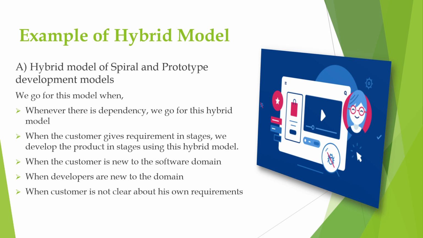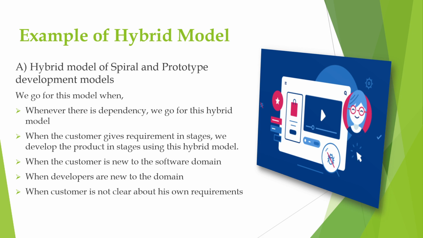And when the customer is new to the software industry. When developers are new to the domain, then we'll go with this. Then when the customer is not clear about his own requirement, we'll go with this spiral and prototype hybrid model.